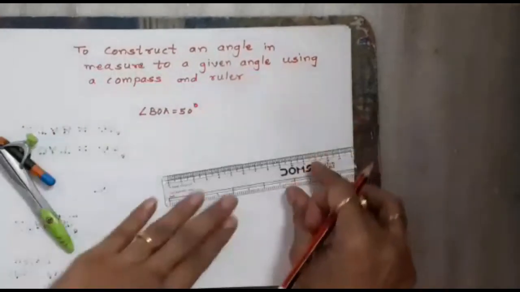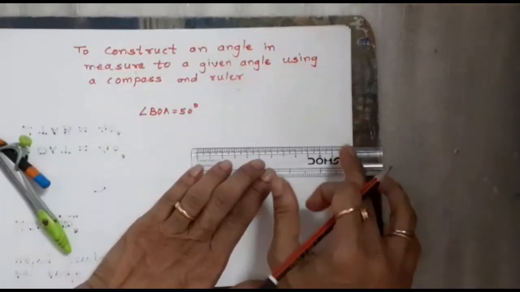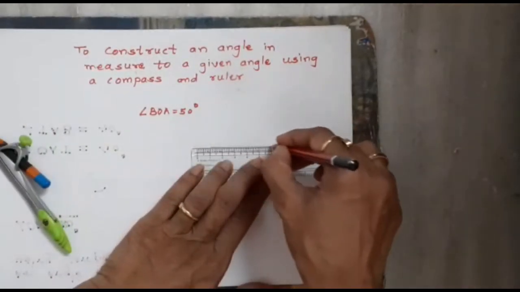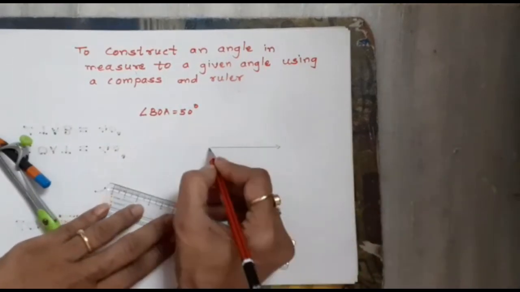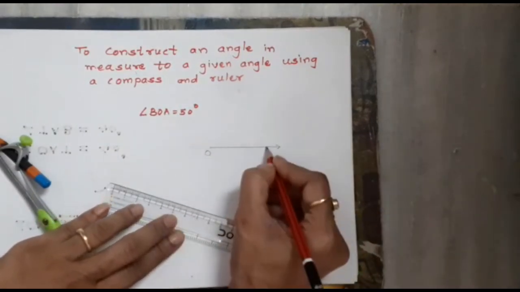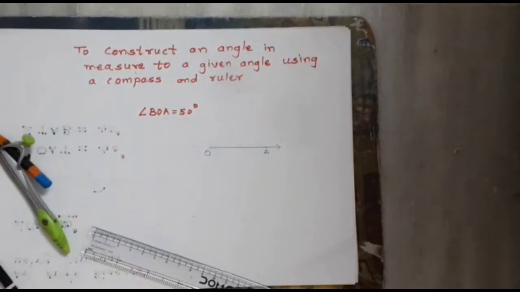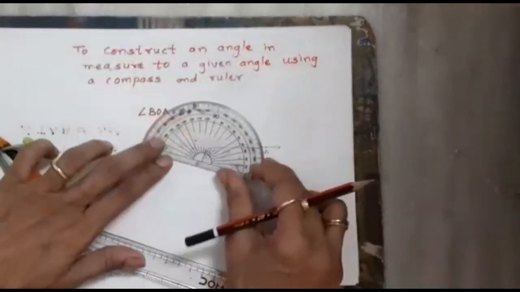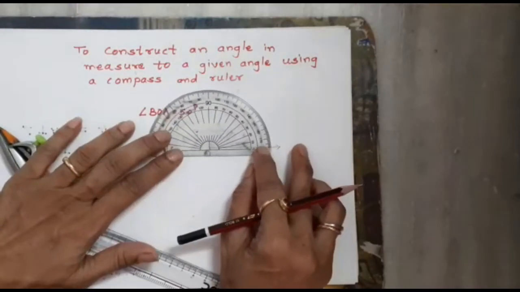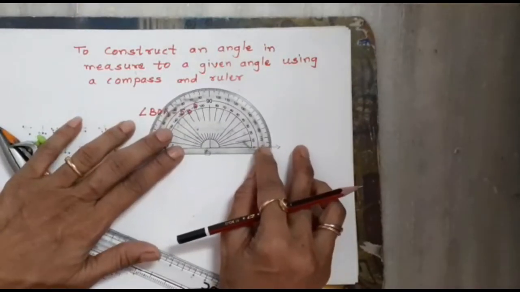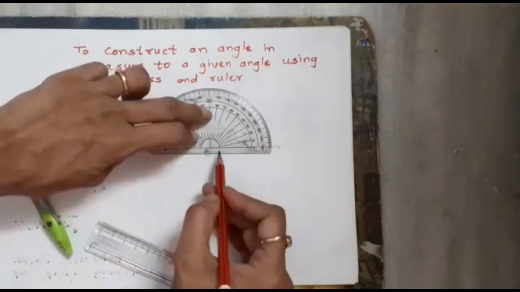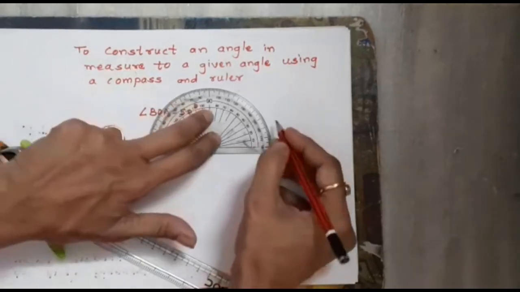First I draw a ray and name it OA. Now with the help of the protractor, I am drawing the first angle. So this point on O of 50 degrees.